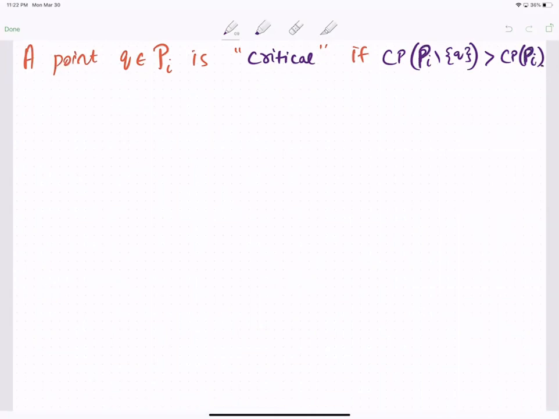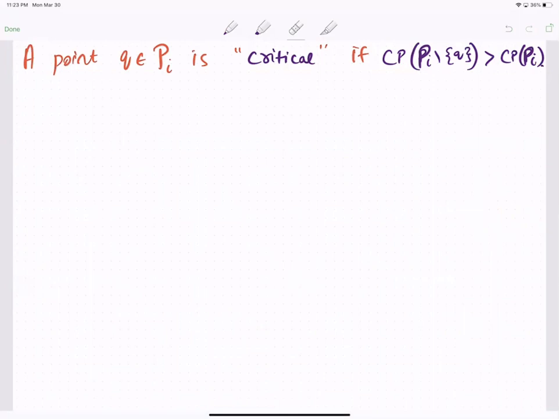So we spoke about this before, but let's make it very precise now. Without this point q, this was the closest pair distance, the term on the left hand side. And now because of adding this point q, the distance of the closest pair actually comes down, right?